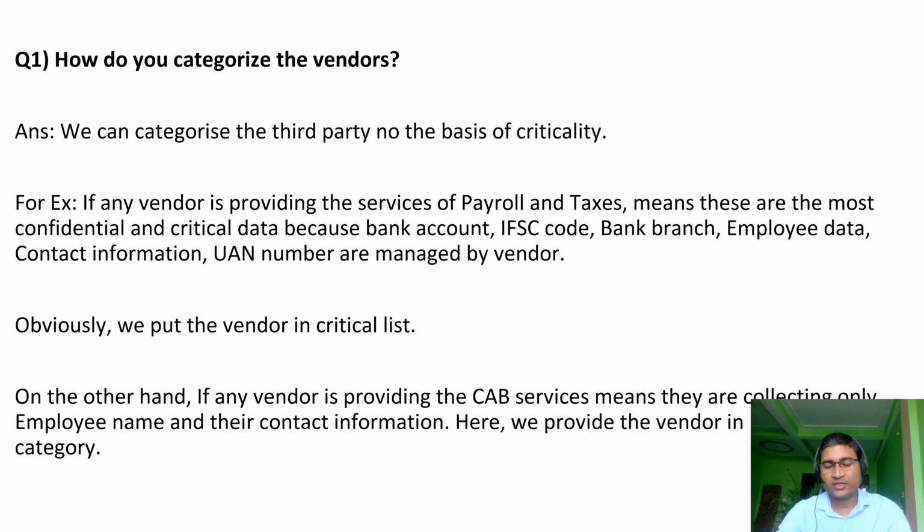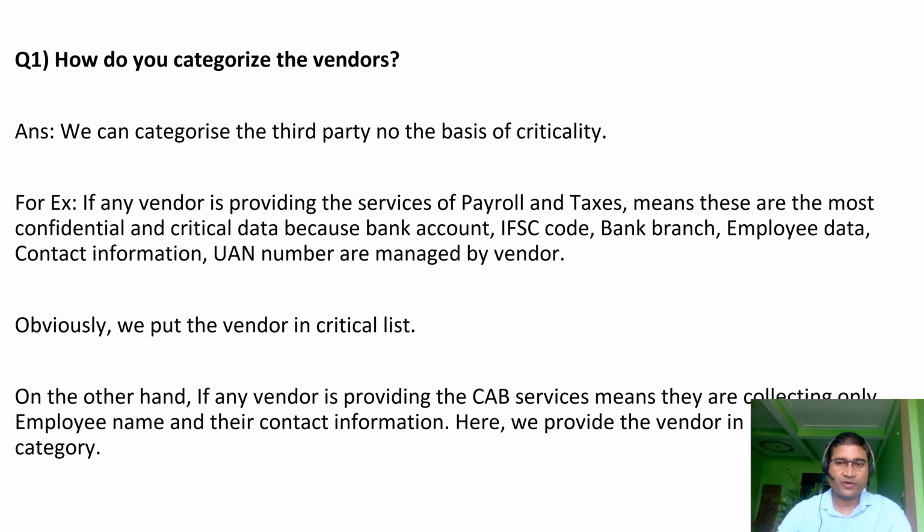That means bank account number, IFSC code, bank branch, employee data, contact information, and UAN number, which means PF number, are managed by the vendor. If we share such details, the vendor is 100% critical, right?